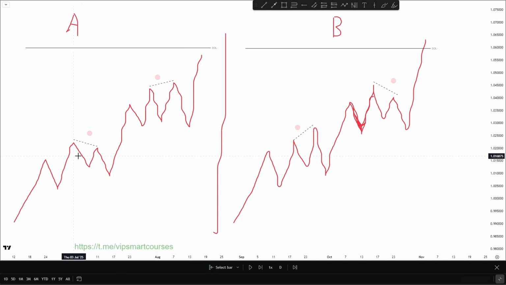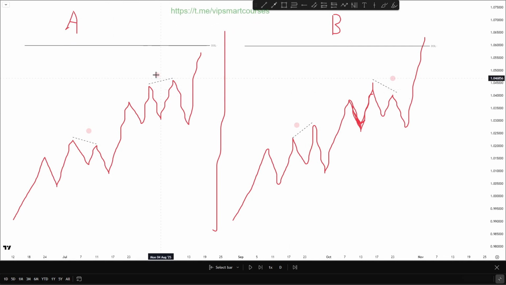In this case, you would have just ignored it instead of assuming we are going to form lower price action, because the context here is that the drawn liquidity is higher. Even though we have these two SMT divergences, you wouldn't have regarded them as valid ones, and you would have just ignored them.